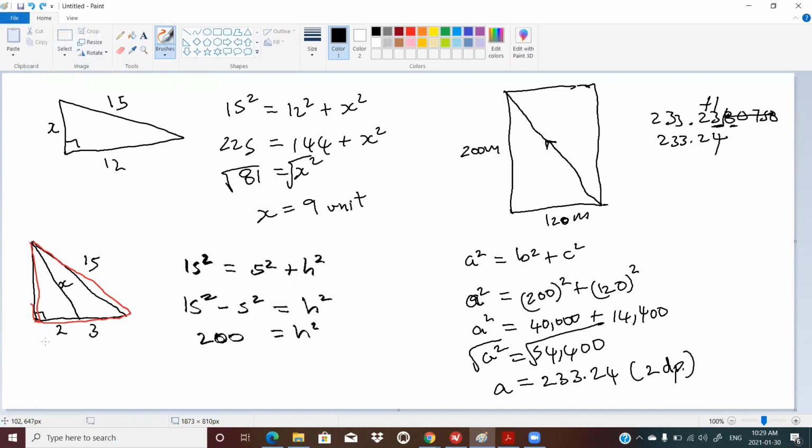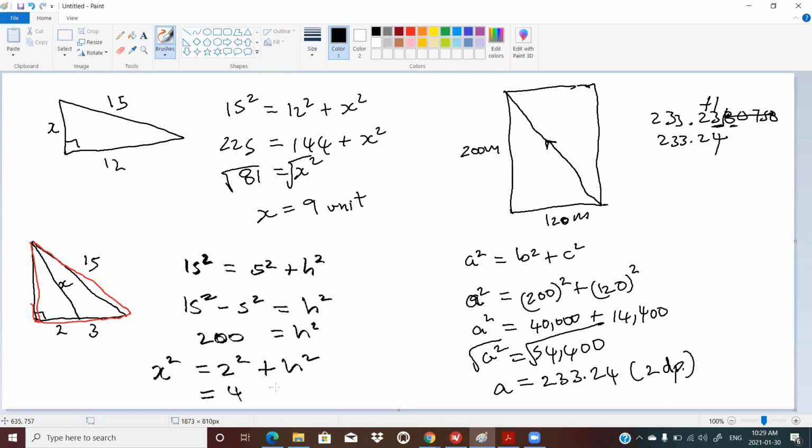Now what we want to do is to find x. The relationship is x squared is equal to 2 squared, because now we focus on the smaller triangle on the inside. So it's 2 squared plus h squared. And we know that h squared is 200.